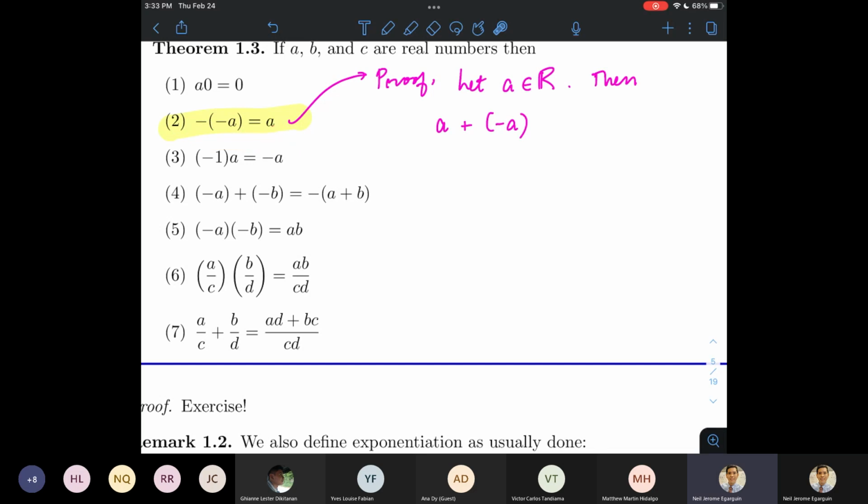So I want to test that hypothesis. Is that true? So is A really the additive inverse of the additive inverse of A? Maybe I should write it this way, because I'm looking for the additive inverse of negative A. The claim of the theorem is that the additive inverse of negative A is A.